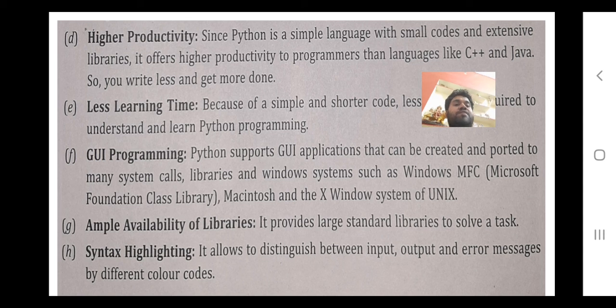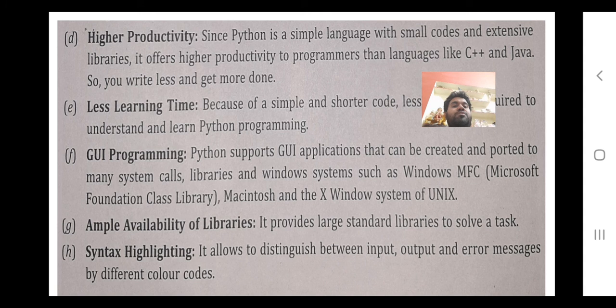Ample availability of libraries. It has a large standard library. As I have already told you, a library means where we can get the inbuilt functions. Inbuilt functions means many things, like suppose mathematically you want to find the square root of a number, then there is a math module, or you can say math library, in which mathematical functions are available, like square root, power, cos function.